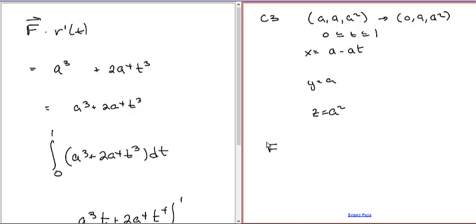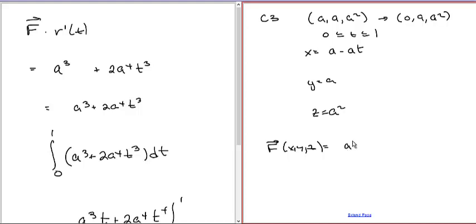So the field vector of x, y, and z is going to be equal to, I've already forgotten what that equation is. Got too many things open here. Okay, so we've got z squared. So z is the first one.